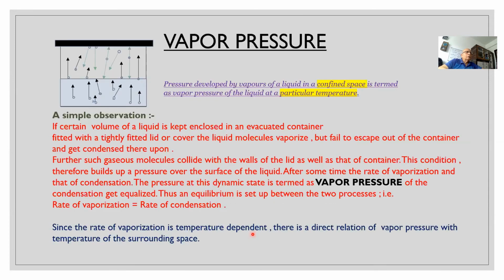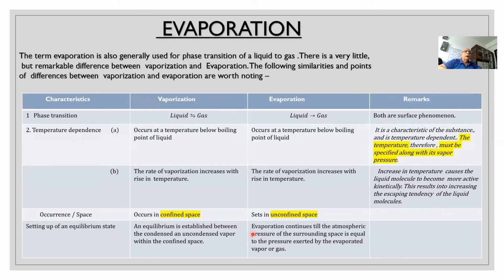Vaporization, vapor pressure, and now evaporation. What is evaporation? I have given you an idea earlier also, that vaporization is a phase transition, evaporation is also a phase transition. And the same process occurs.